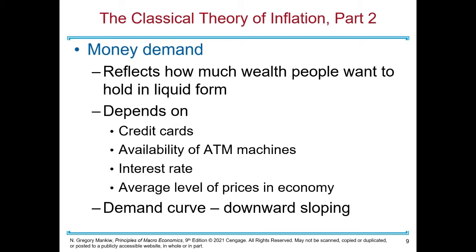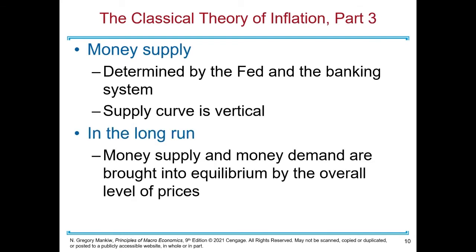If it's below the equilibrium price, people will want to hold less money than the Fed created, and the price level must rise to balance supply and demand. We discussed before, money supply is determined by the Fed and the banking system. We don't need to go over it again.